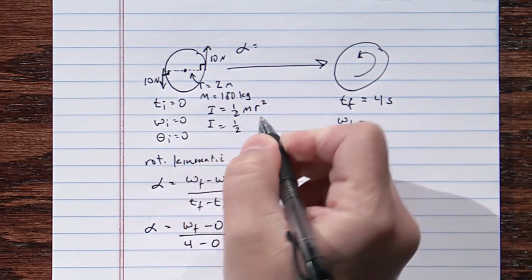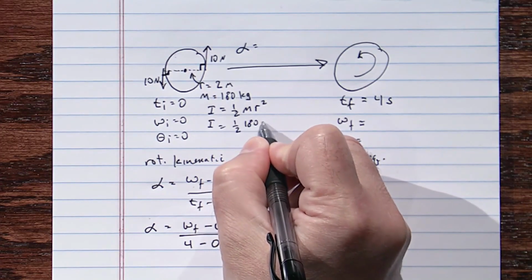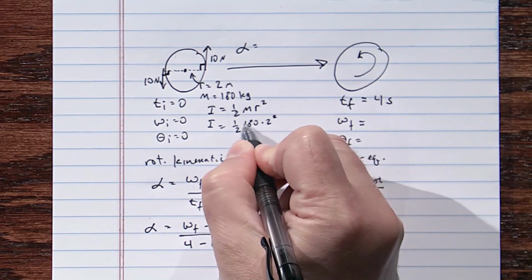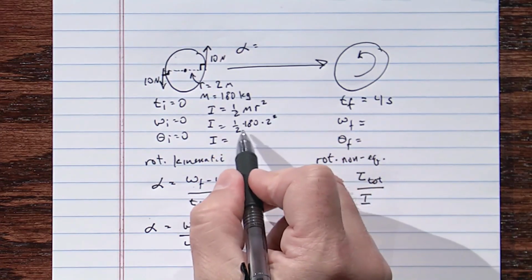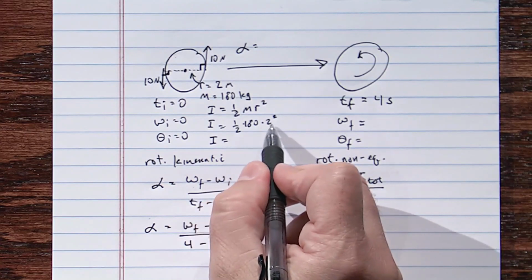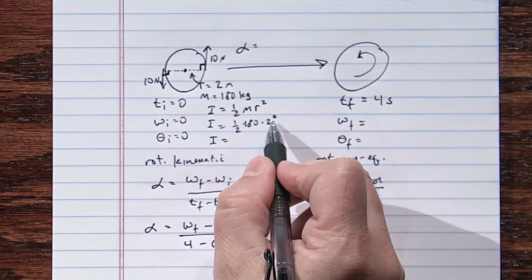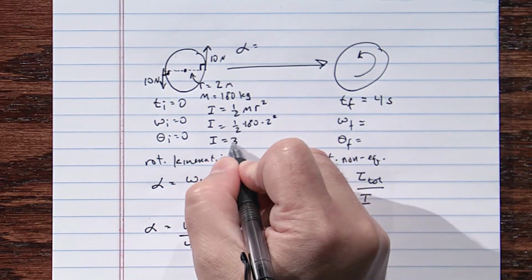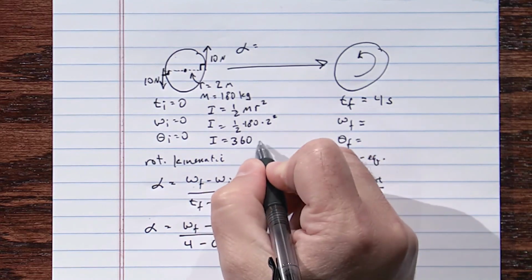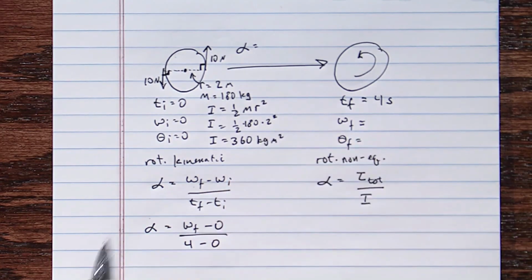Rotational inertia is 1/2 of 180 times 2 squared, or 1/2 of 4, which is 2, and 2 times 180 is 360. So we know that the rotational inertia is 360 kilograms meter squared.